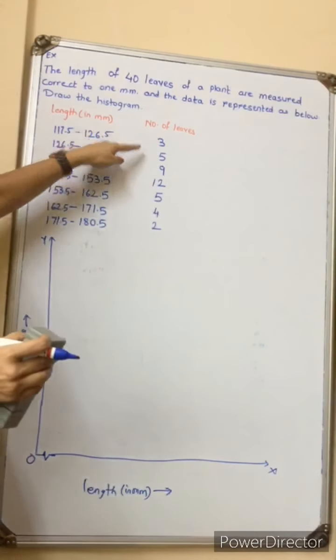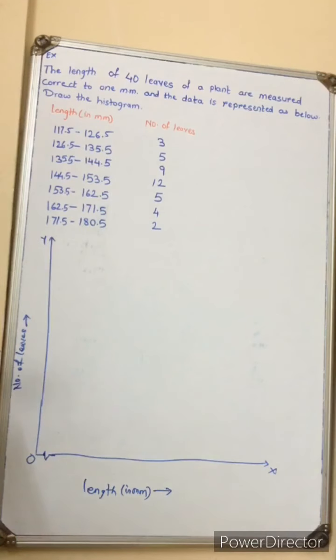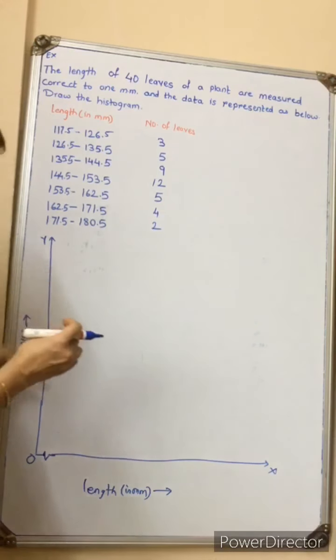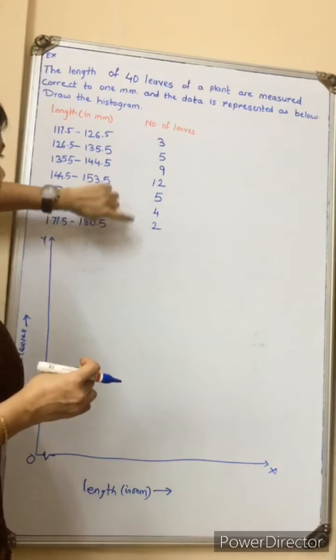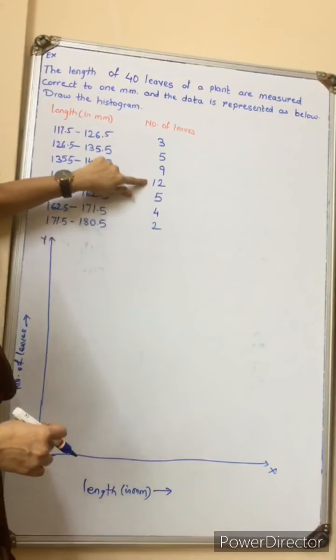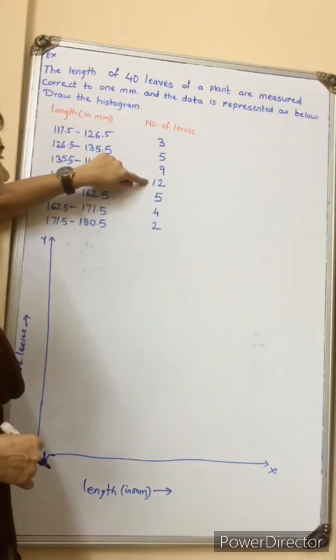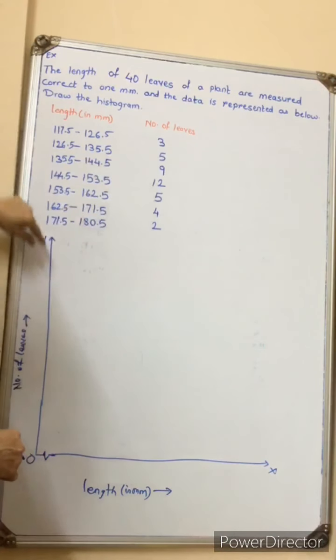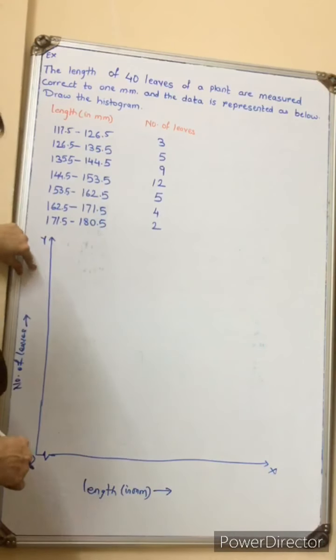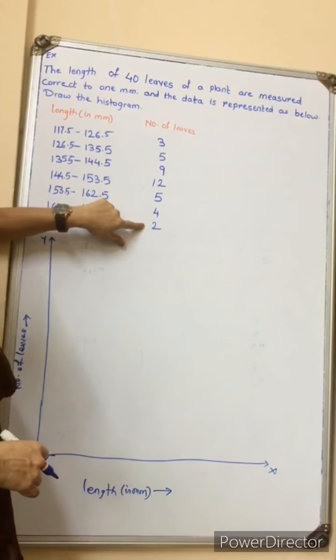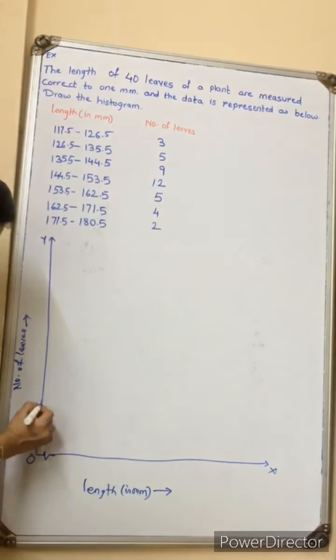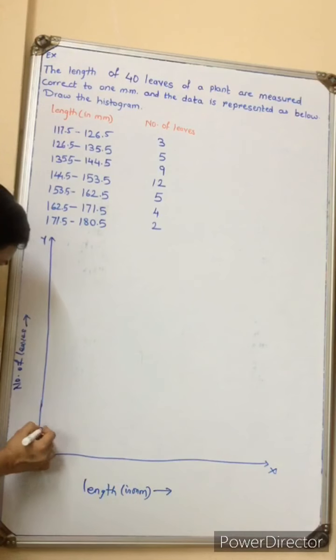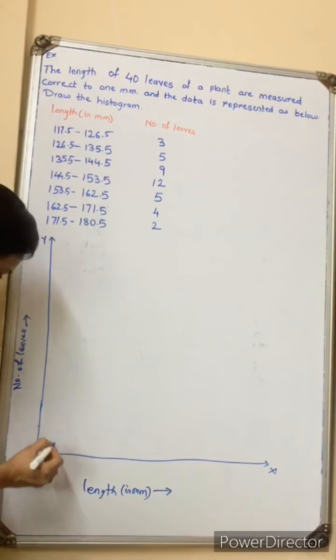Now decide the y-axis. The minimum value is 2 and the maximum value is 12. You may take 1, 2, 3, 4 up to 12 if there is space. If not, you may take 1 unit equal to 2.